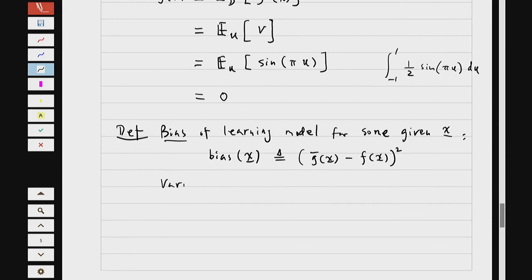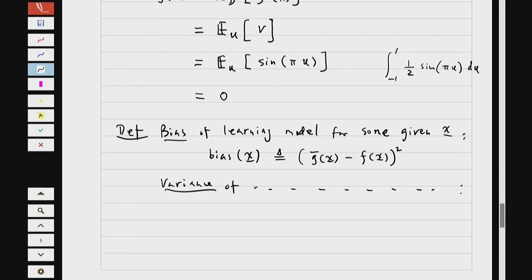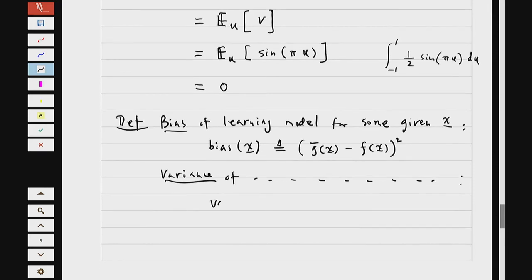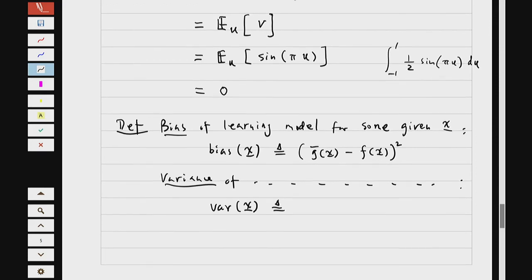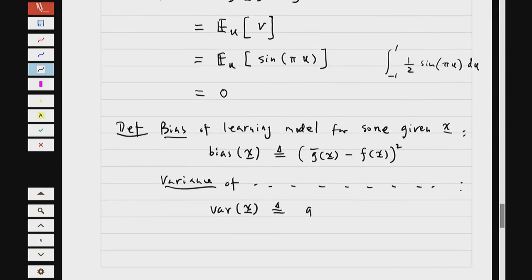We also have the variance of a learning model given x. We denote it by var of x, like that. Every time we are given a data set, we have a g_D. How far away is this from the average g, the average of those g_D's? That's the variance: the random variable minus its own mean value.